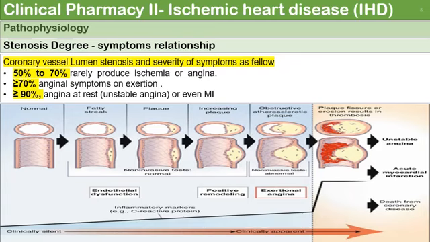Like in this diagram, we show normal, and then fatty lipid starting to accumulate inside the lumen of the coronary blood vessel, forming plaque. The plaque size increases until the lumen diameter is reduced. Okay, now in this case exertional angina will be more overt and more symptomatic.